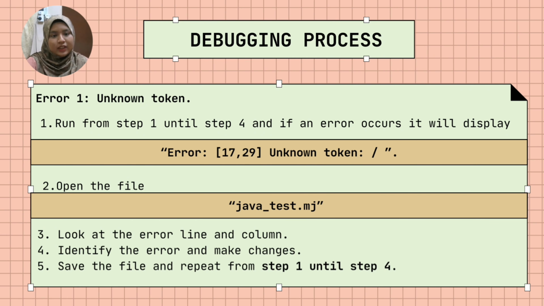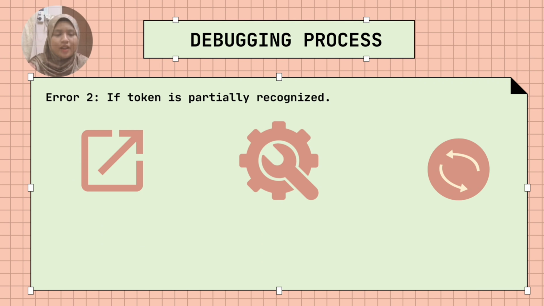During this testing, we encountered several errors. The first error that we face is unknown tokens. If we see an error like this line, we should open the java_test.mj file and check the line and column. Fix this issue and repeat this step again. Another error that we face during the debugging process is token partially recognized.